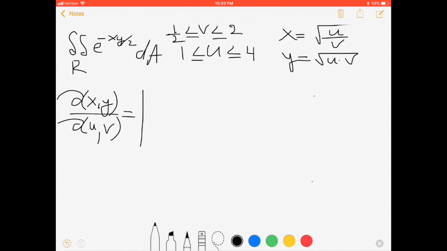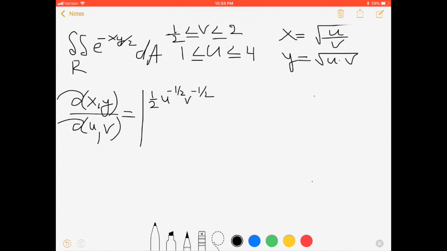Okay. x with respect to u. u is 1/2, v is negative 1/2. Here, with respect to u first, 1/2. This means 1/2, u is negative 1/2, v is negative 1/2. Okay.